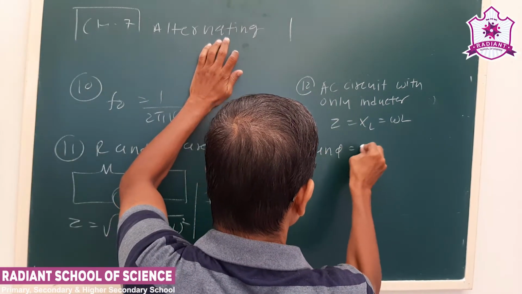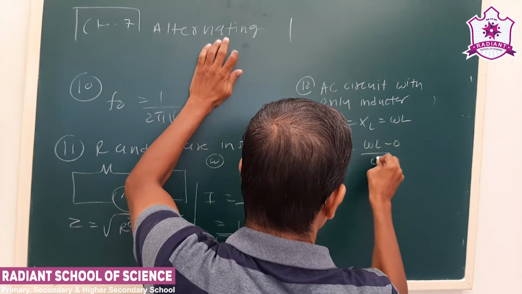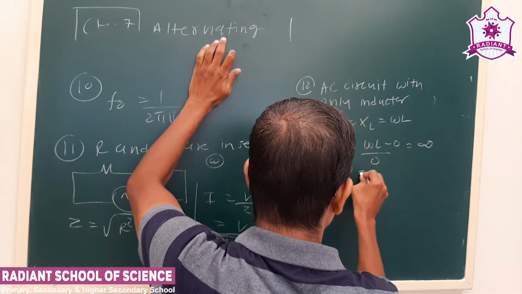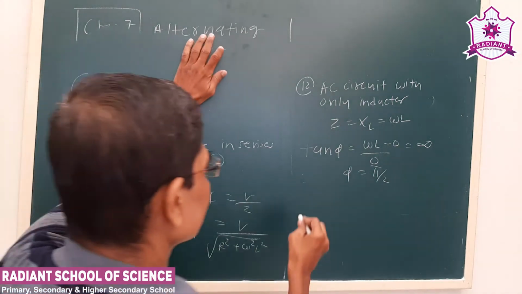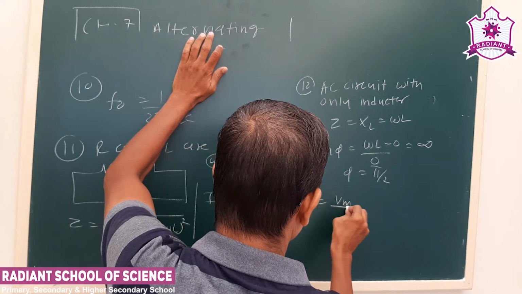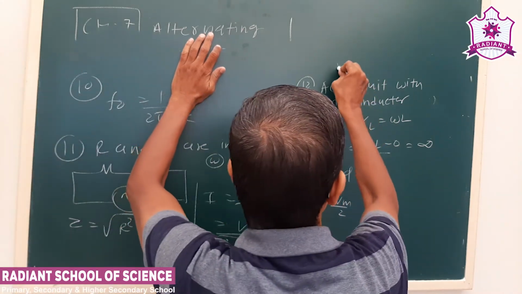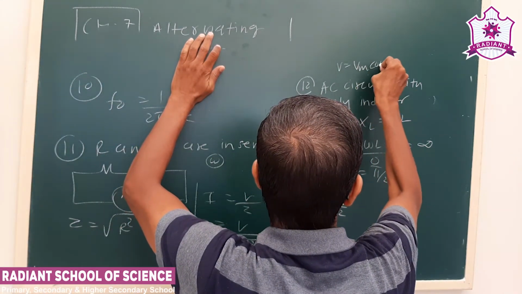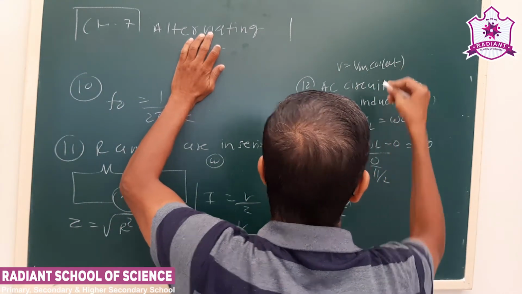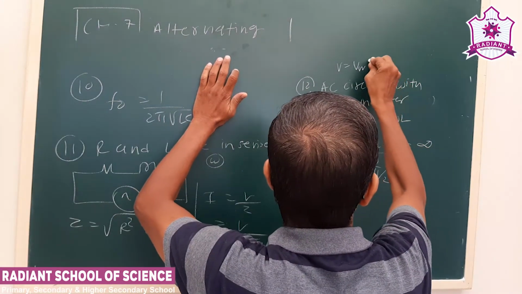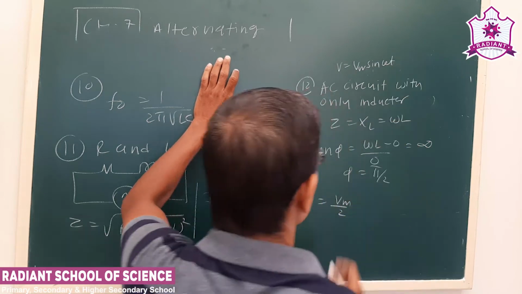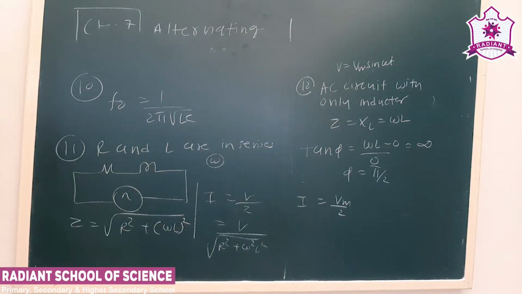Tan phi is omega L minus 0 upon 0, infinite. See, the current in the circuit will be I, will be Vm by Z. Now let us say V is equal to Vm cos omega t is the voltage supplied. Okay, that is given to us. Here let us say it is given sine.